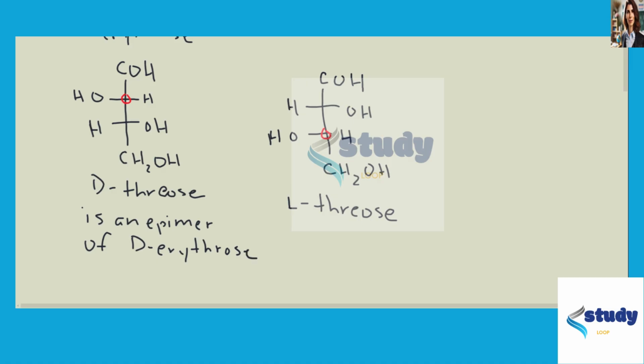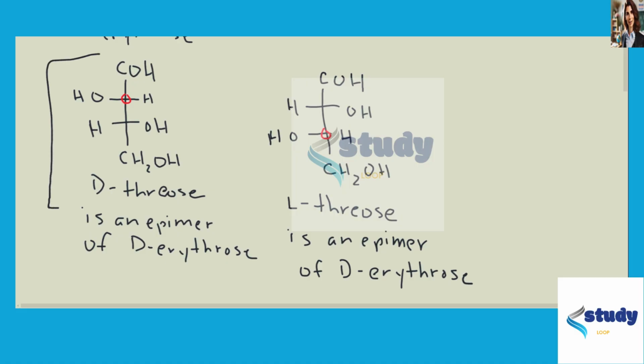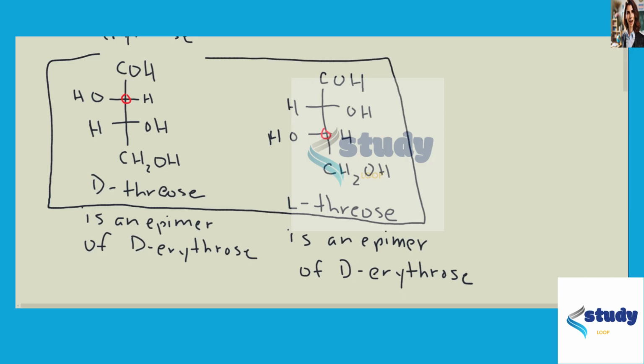And L-threose is also an epimer of erythrose. And these two molecules are enantiomers of one another. I'm just going to box in the answer that was required to answer this question.